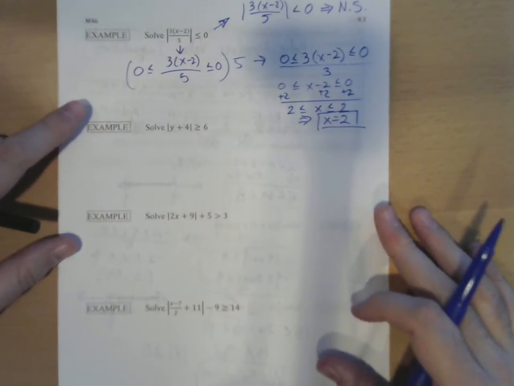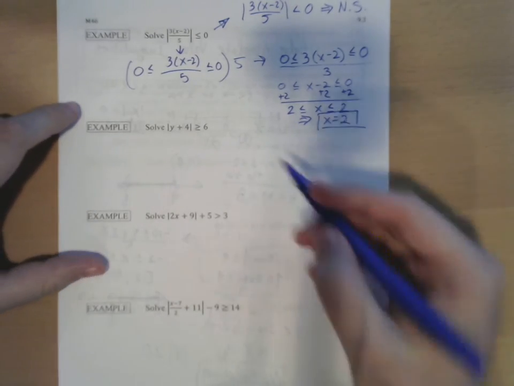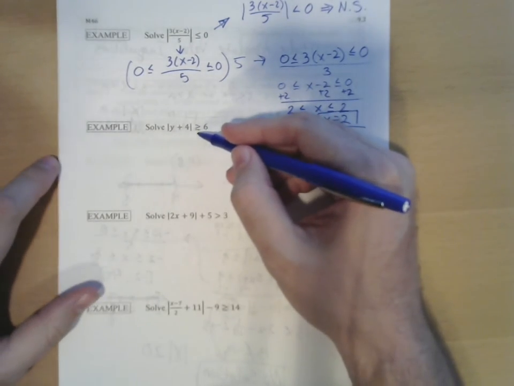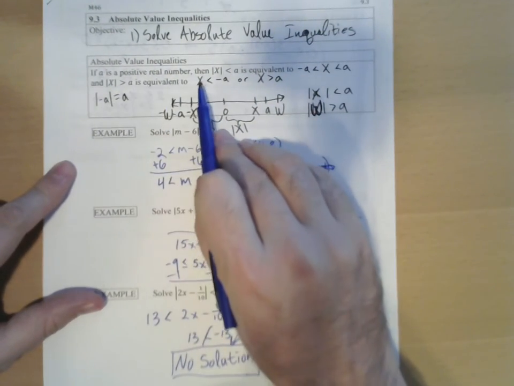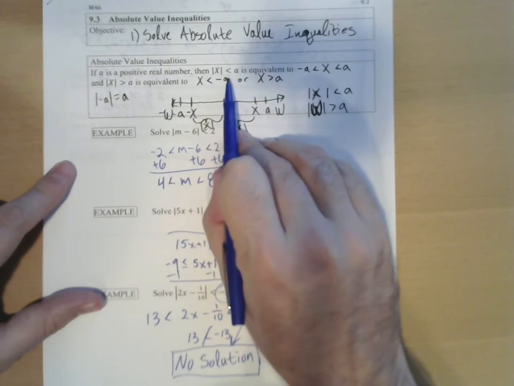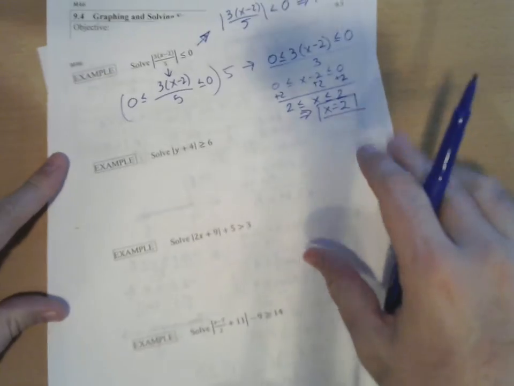Okay, so let's switch gears here out of the less than or equal to and start looking at some greater than examples. So absolute value of y plus 4 is greater than or equal to 6. So according to our equivalency, this is the expression less than negative, whatever that is on the right, or the expression greater than the positive.